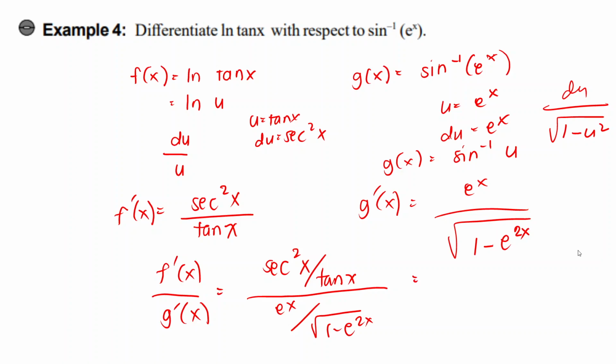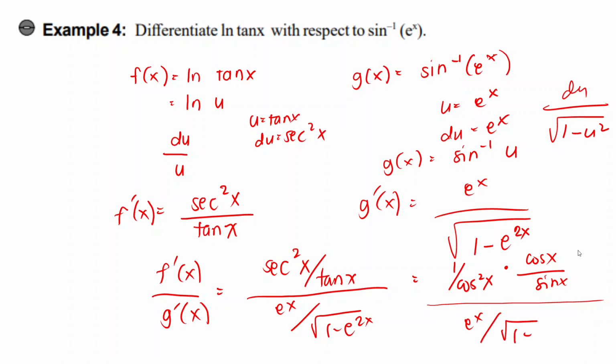Secant squared x is 1 over cosine squared x. Tangent x is sine x over cosine x, or we can write it as cos x over sine x since dividing means reciprocating. Some terms cancel, leaving one cosine x.